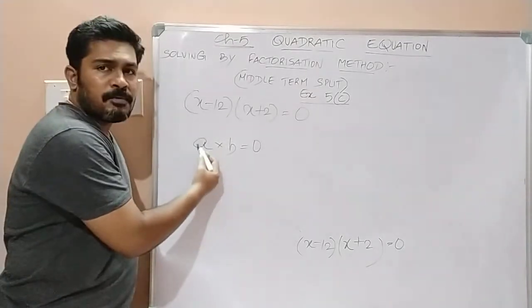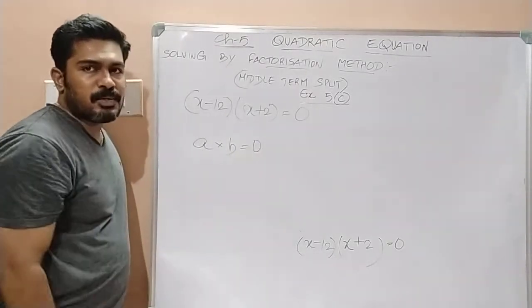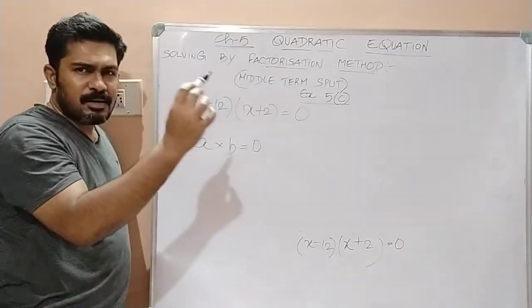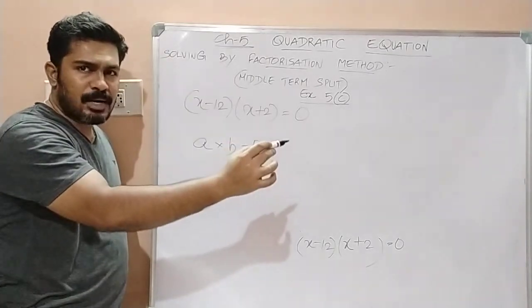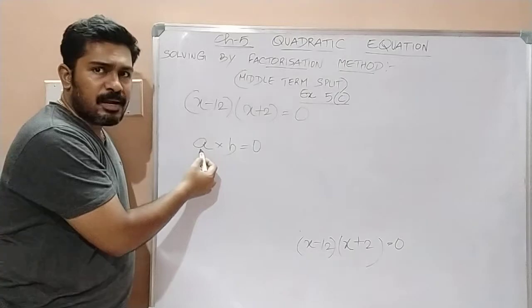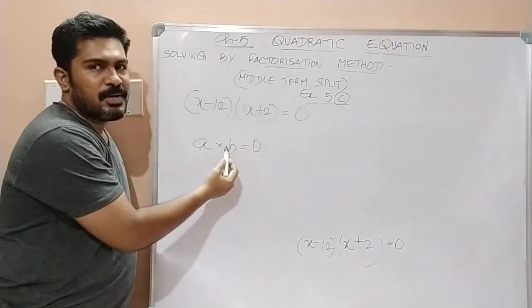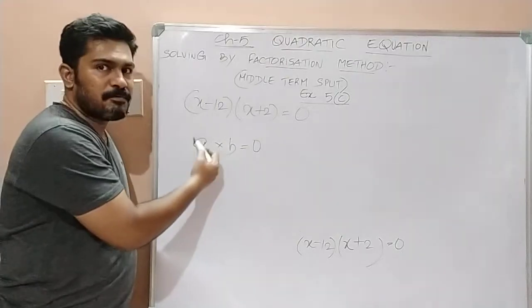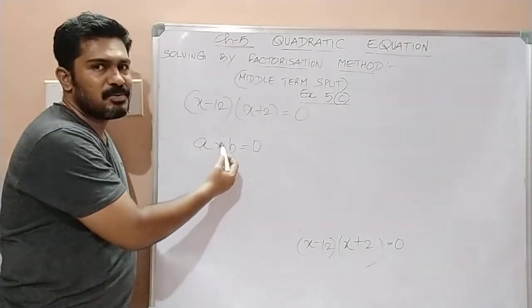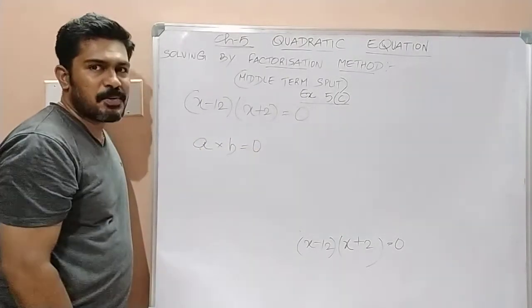If the product of a and b has to be 0, then it's common sense to understand either a has to be 0 or b has to be 0, so that the product of these two values becomes 0.